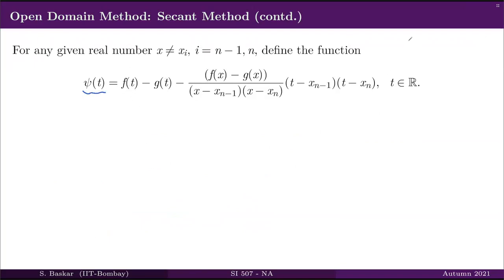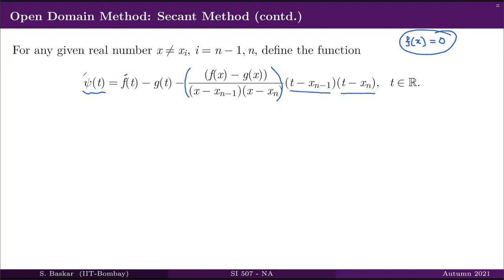Now, using g, we will define a new function psi(t) is equal to f(t). Remember, f is the function with which we have considered our equation f(x) equal to 0. This is how the function f is coming into our picture, and that f minus the g that we have just now defined minus this expression times (t minus x_n) into (t minus x_{n-1}).